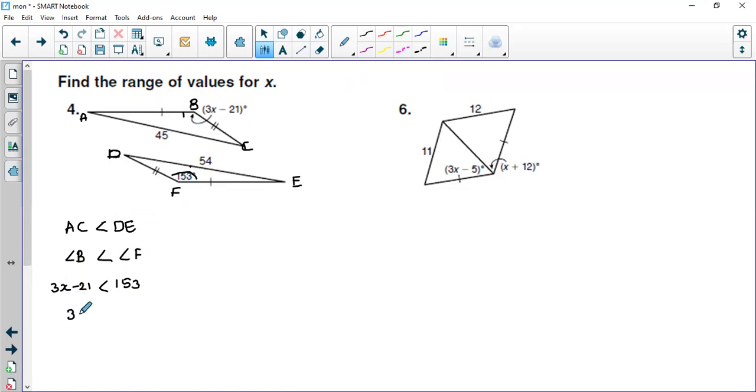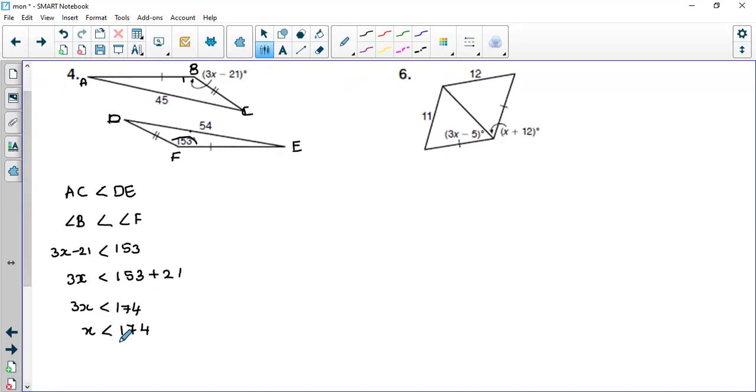You just solve how you would normally solve an algebraic inequality. 153 plus 21, so 3x is less than 174. x is less than 174 divided by 3. That would give you 58. So one of the values for x we got is x is less than 58.